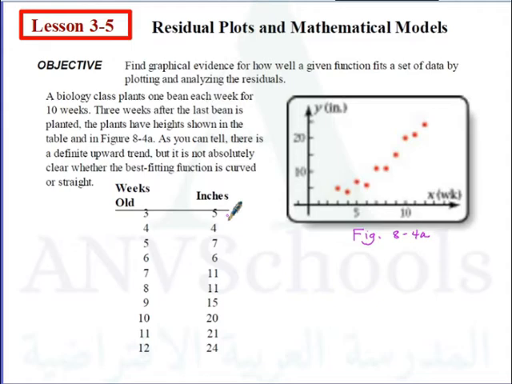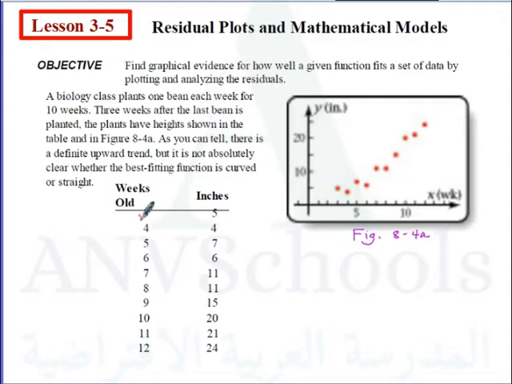We began from the last week, because after 3 weeks all the beans have shown growth. On week 12, the height of the bean is 24 inches.